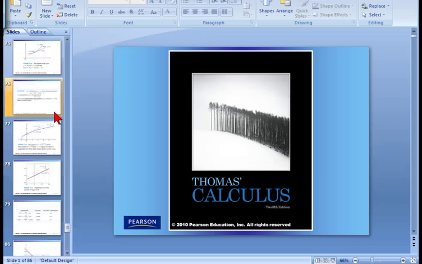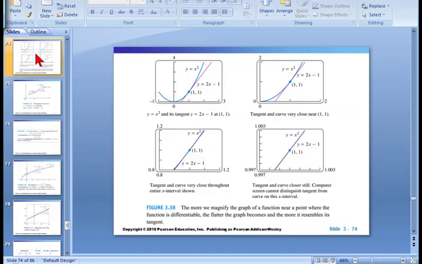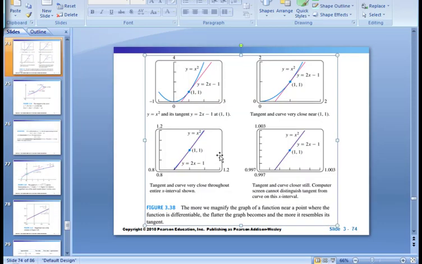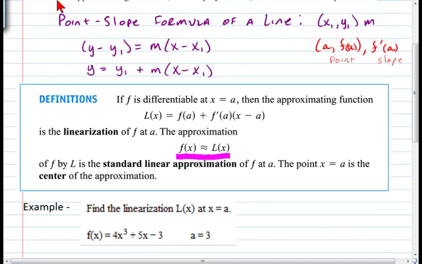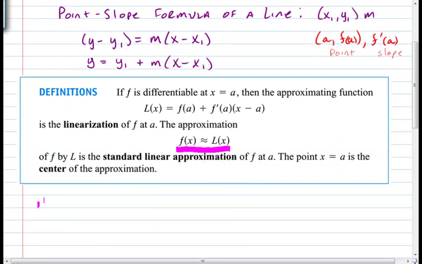I know what picture I'm looking for. Aha. Copy. Let's go in here. And we will paste.